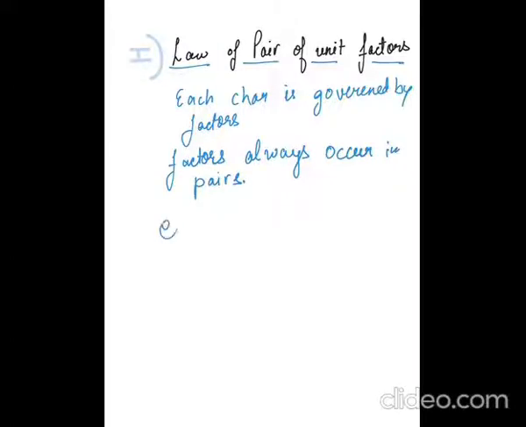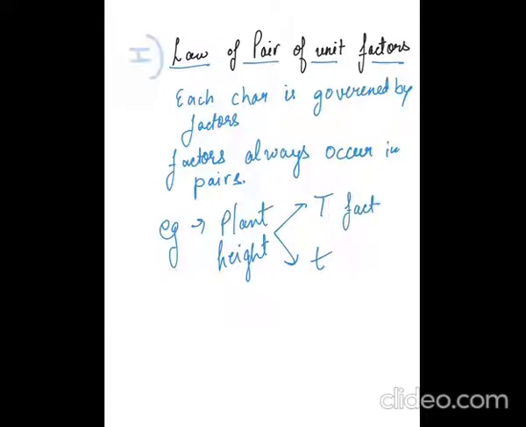For example, we can see a character that is plant height. So this plant height has two factors. It is capital T factor and small t factor. So we can say that a character plant height is governed by two factors, capital T and small t.